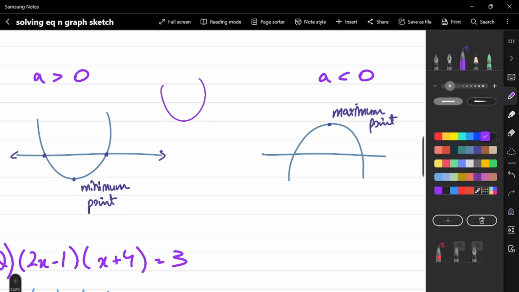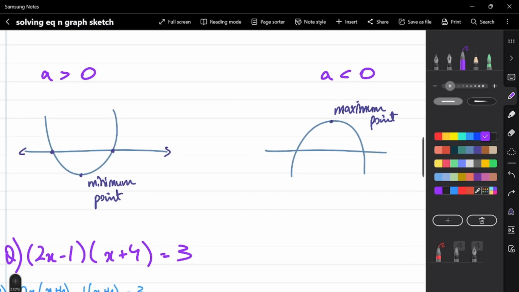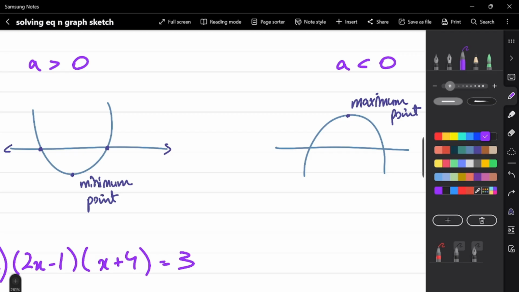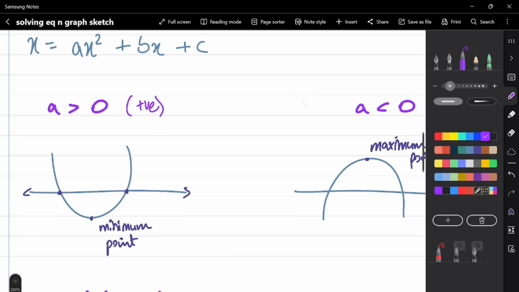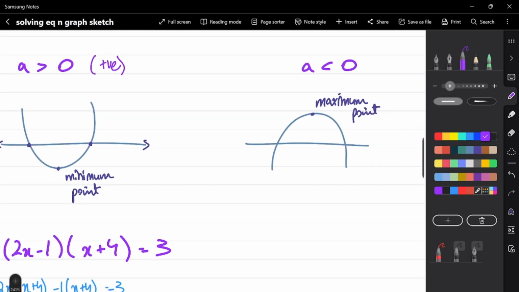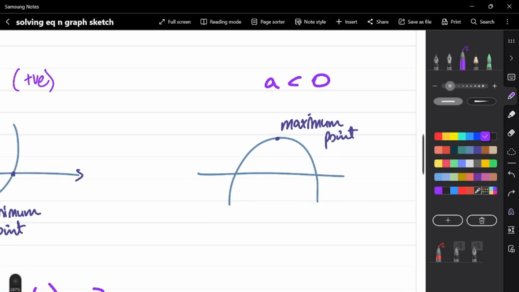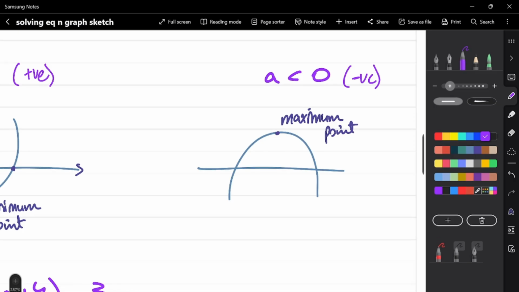One's a smiley face and one's a sad face, so we're just going to be referring to it as that. We get a smiley face when the coefficient of the x squared is greater than 0, meaning if it's positive. So when a is positive, we get a smiley face, and when a is negative, we get a sad face.